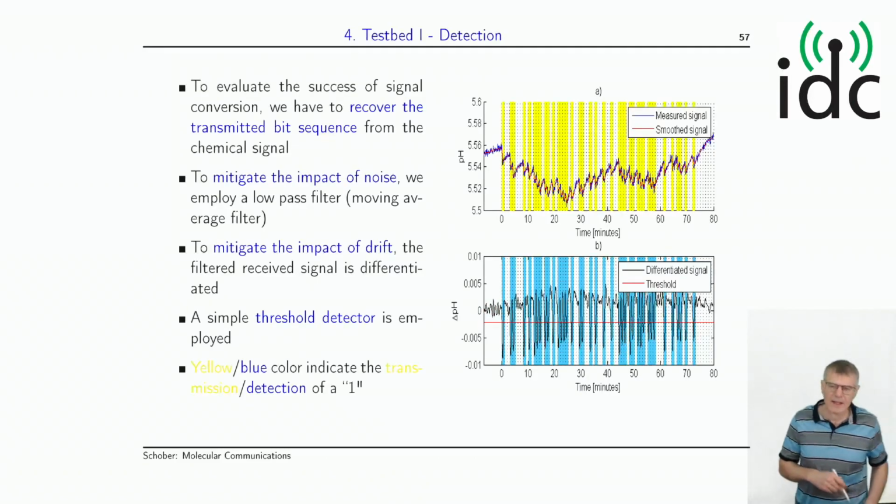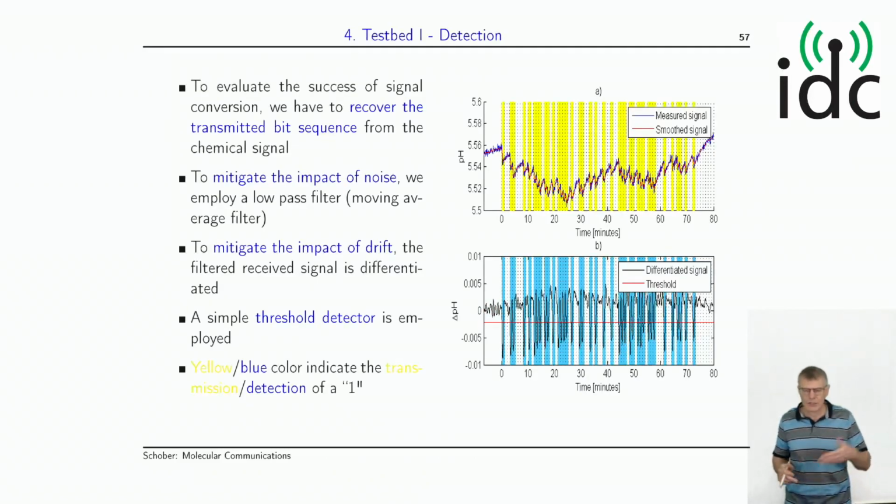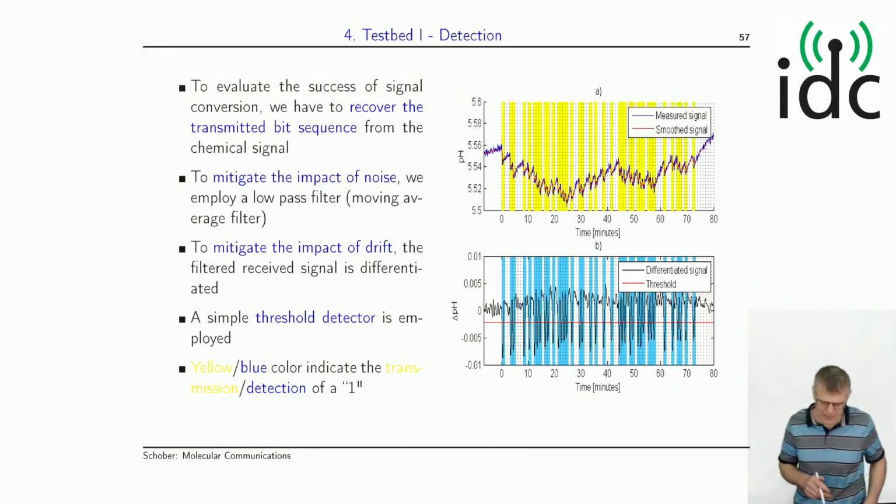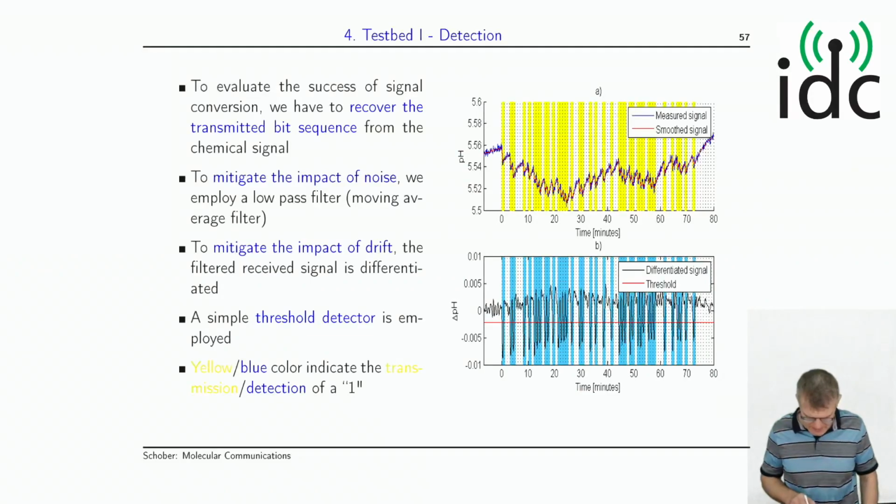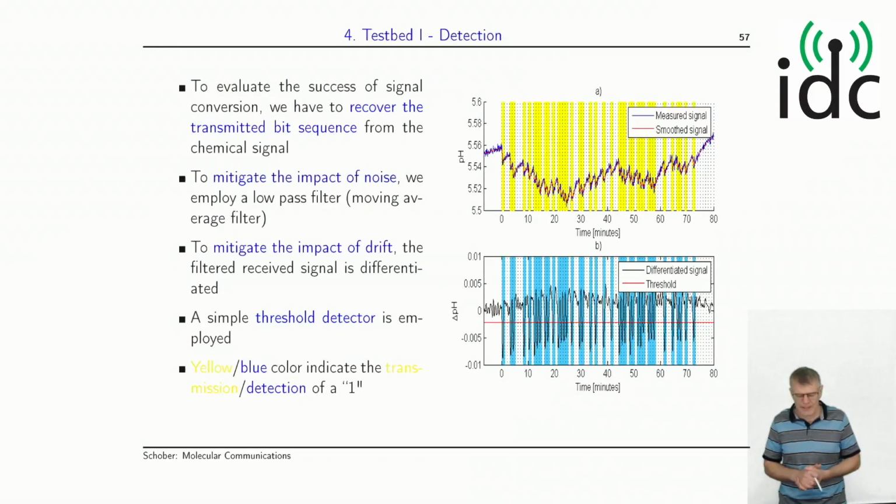And then after this differentiation, you can just use a simple threshold detector to distinguish between zeros and ones. And the red line is the threshold that we used. And at least in this case, we could really detect the ones and the zeros from this received signal again, right? So this basically was a proof of concept that yes, this molecular communication based on a biological system is possible.